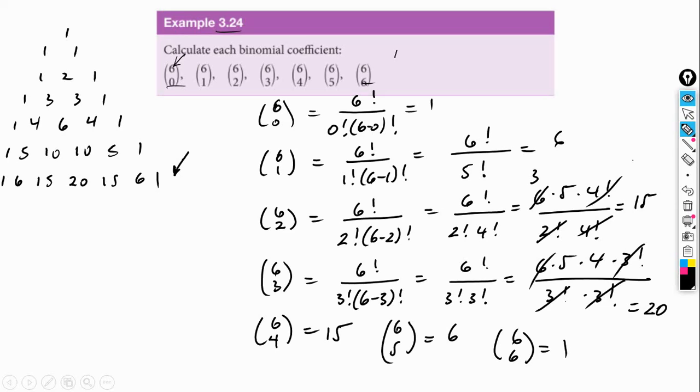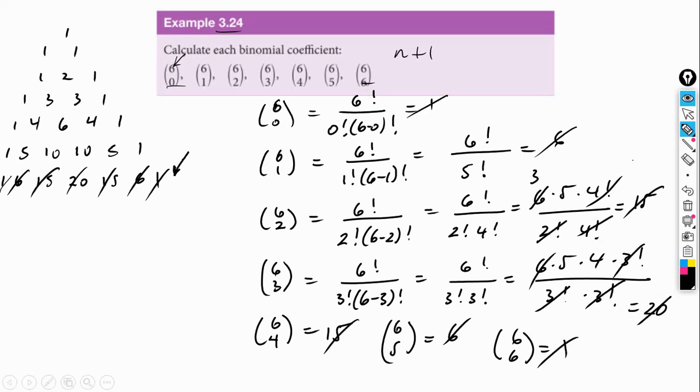So that means that we would have n plus 1 coefficients, which is always the case. So notice that first we got 1, which is this one here. Then we got 6, which is this 6 here. Then we got 15, 20, 15, 6, and 1.